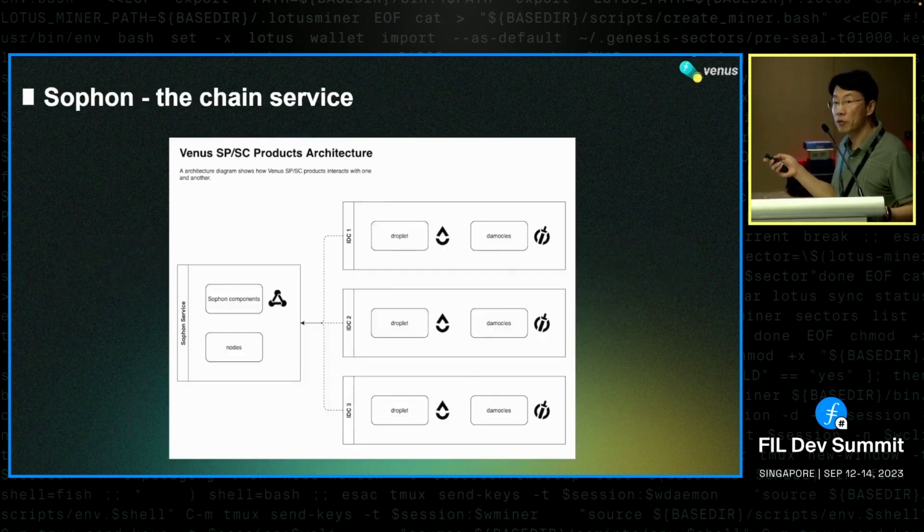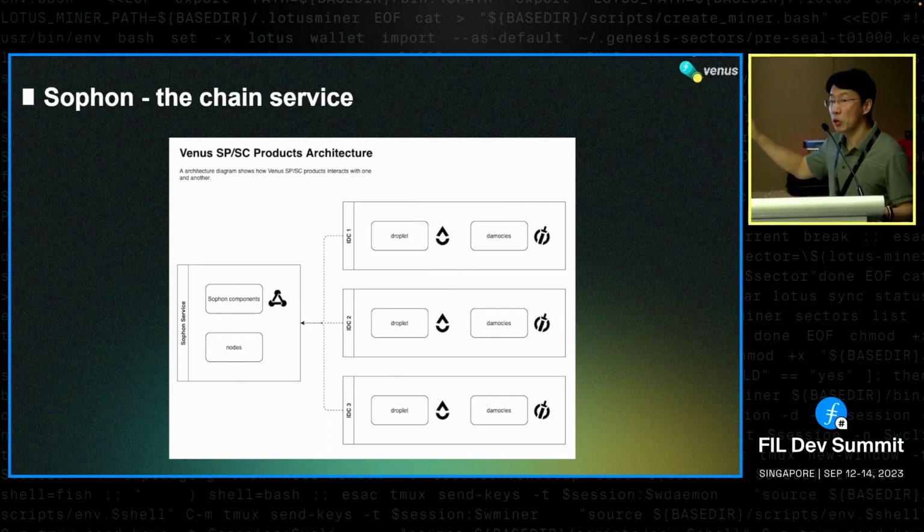If we want to understand Sofen, here is the whole picture. A professional SP may have a lot of hardware, and their hardware and services might be distributed in different data centers. So here we show that there are multiple data centers.